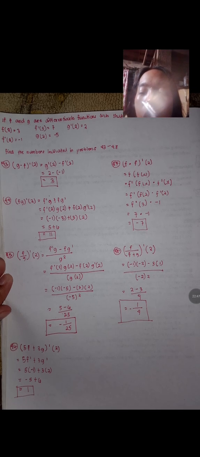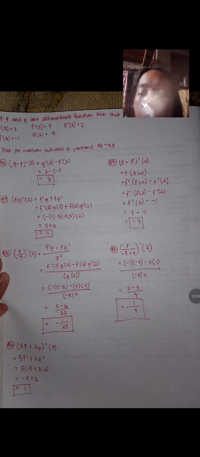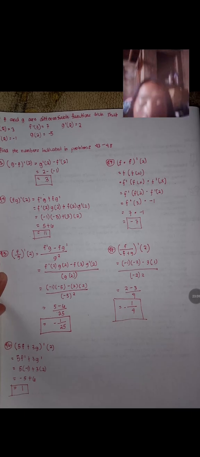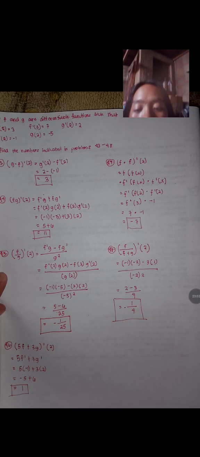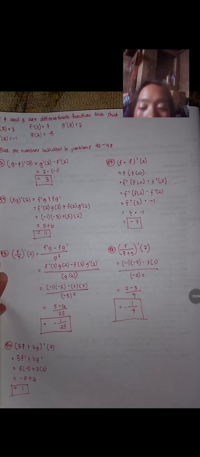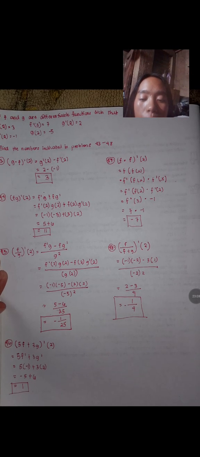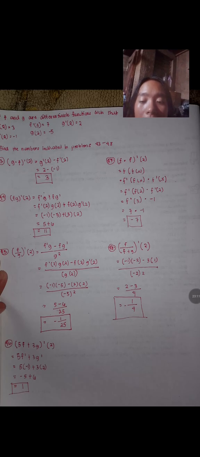And number 45, (f over g) prime of 2 is equal to (f prime g minus f g prime) all over g squared. So we will use v du minus u dv over v squared in this kind of form.